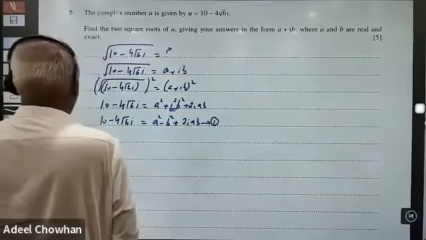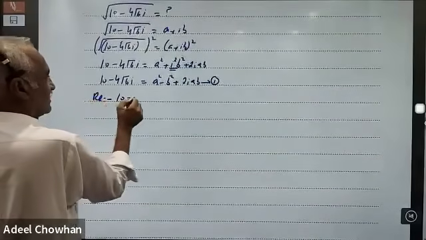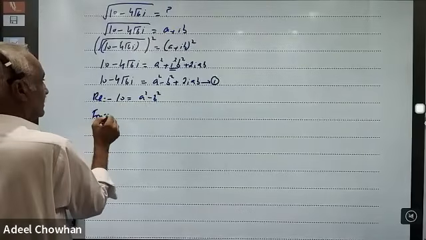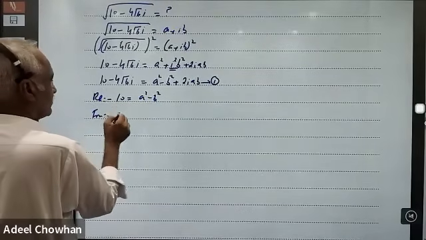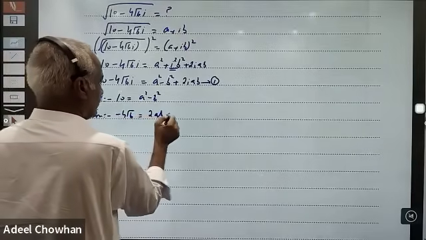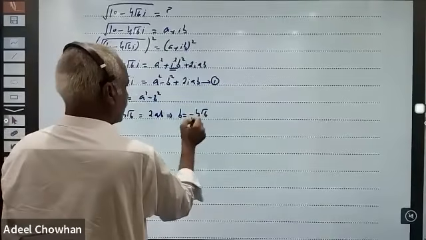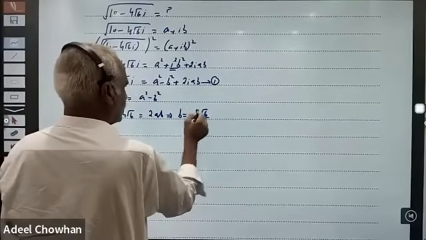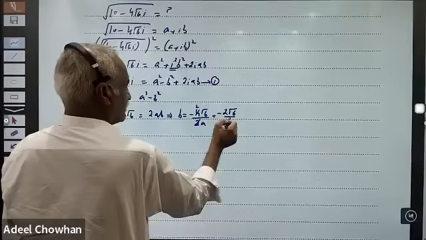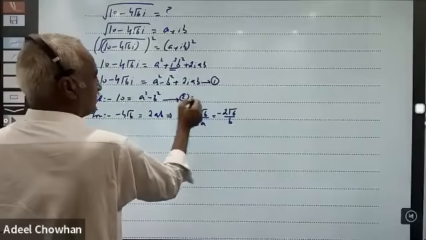Let's say it is equation number 1. Now comparing real parts, 10 is equal to a square minus b square. Taking the imaginary parts, minus 4 root 6 is equal to 2ab, or b is equal to minus 4 root 6 over 2a, that is equal to minus 2 root 6 over a. Now we put it into this equation 2.